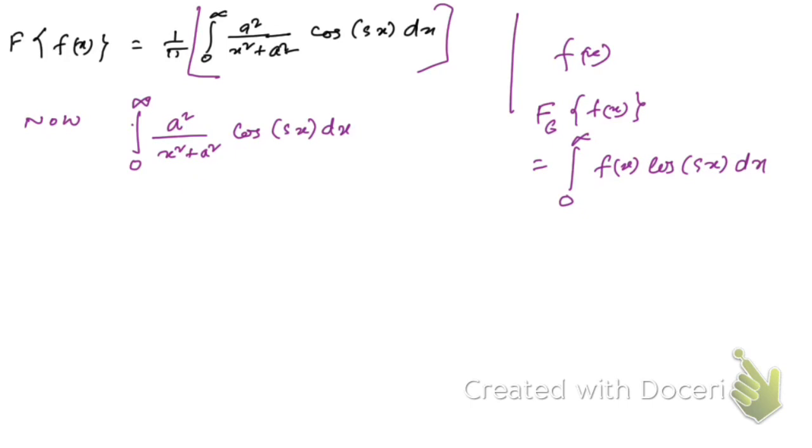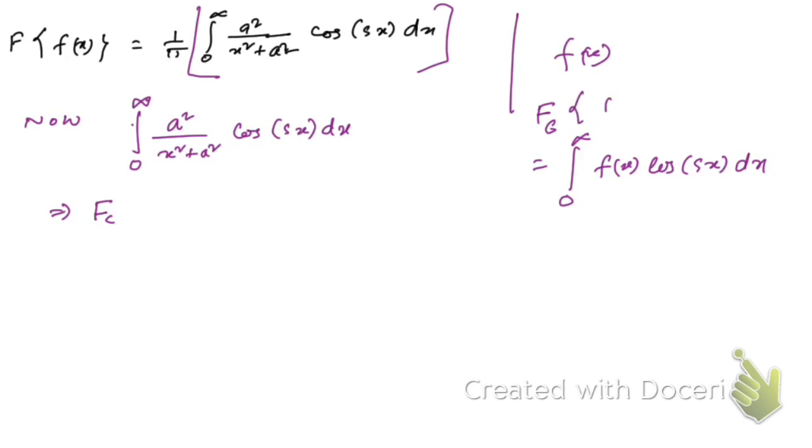So that's why we can write this as the Fourier cosine transformation of f of x. Let me represent it by capital Fc of s, right?